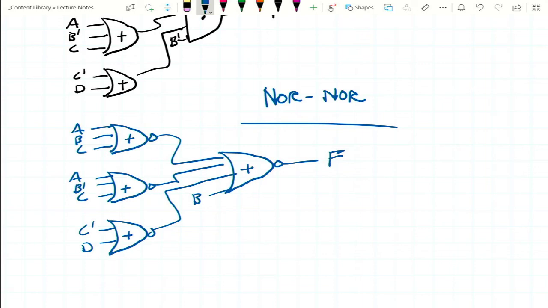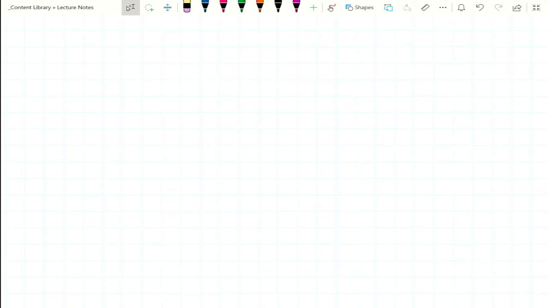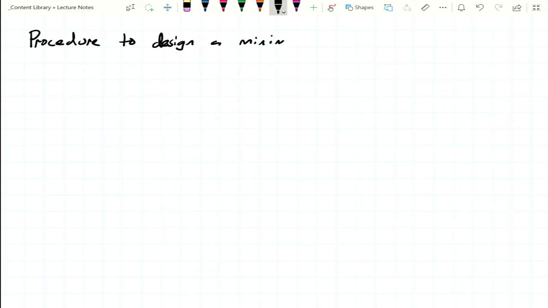Let's see. I'm actually going to lay out the process one more time. We're going to call it the process or procedure to design a minimum NAND or NOR circuit.